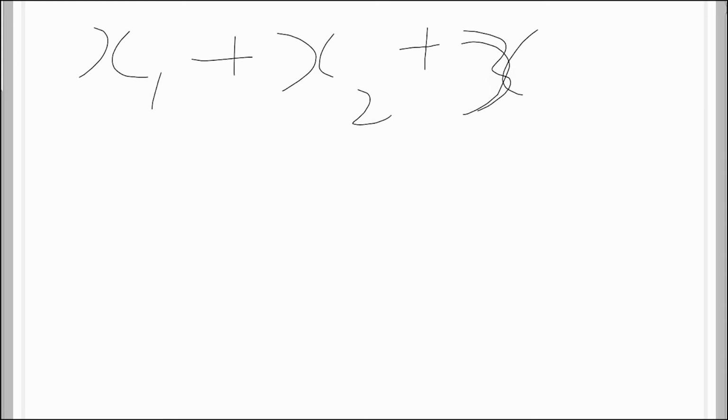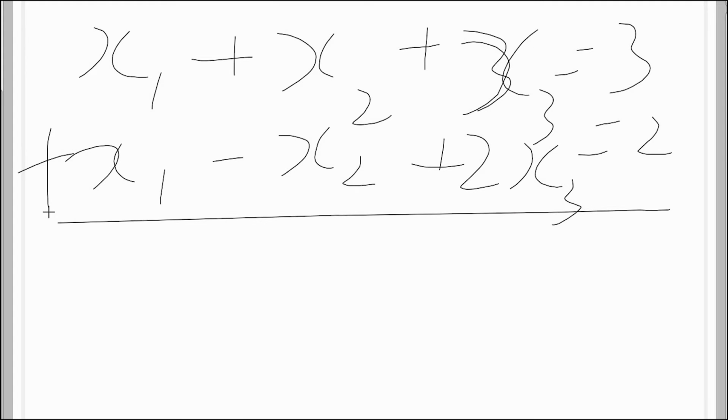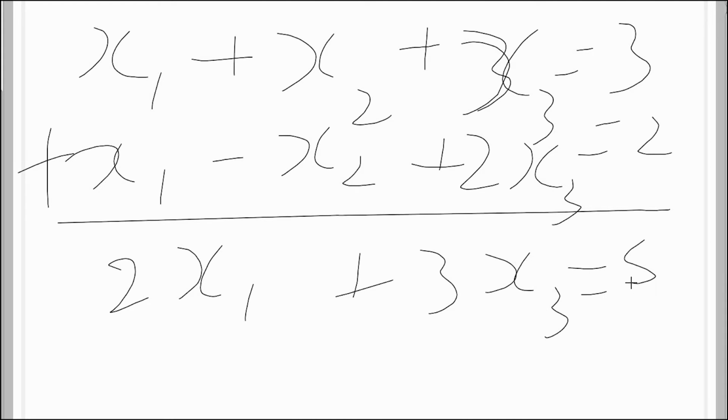So we have equation 1, x1 plus x2 plus x3 is equal to 3. Then we have x1 minus x2 plus 2x3 is equal to 2. So adding these two together will give us 2x1. x2 minus x2 will automatically give us 0. Then plus 3x3, which is equal to 5.